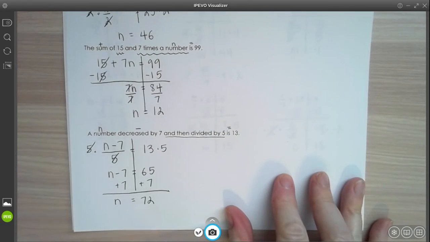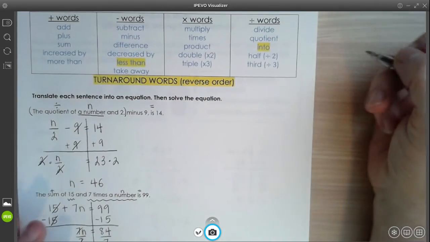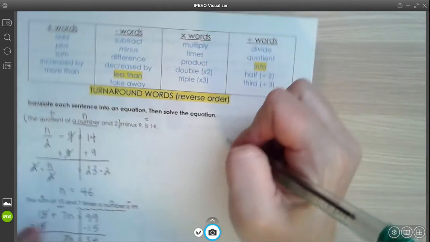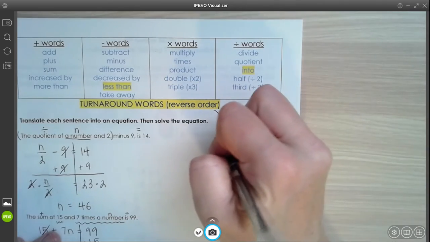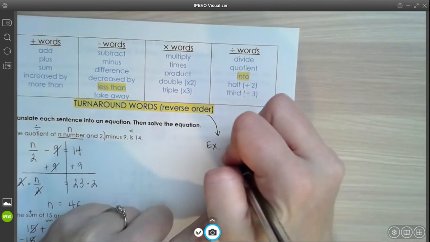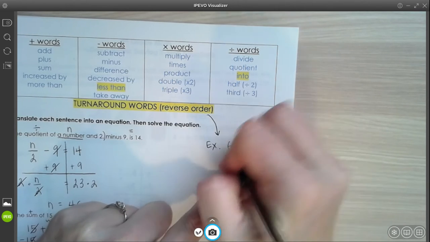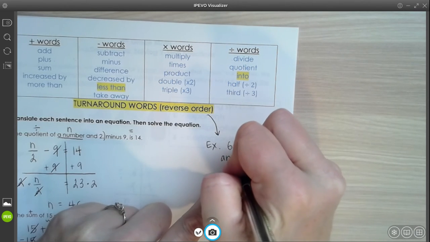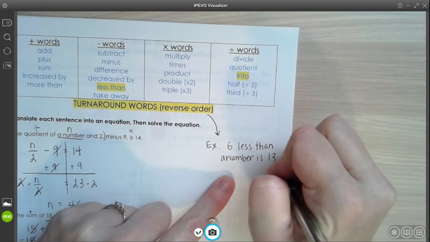Okay, the only thing I didn't talk about so far are these takeaway or turnaround words. So for example, if I said 6 less than a number is 13.